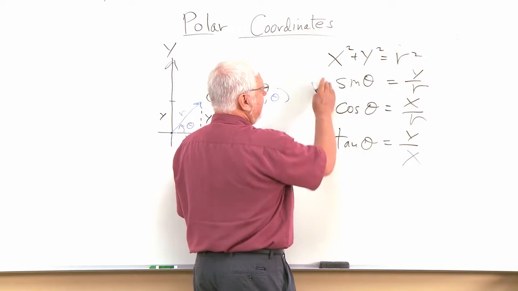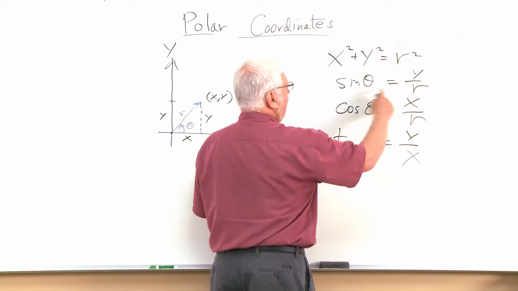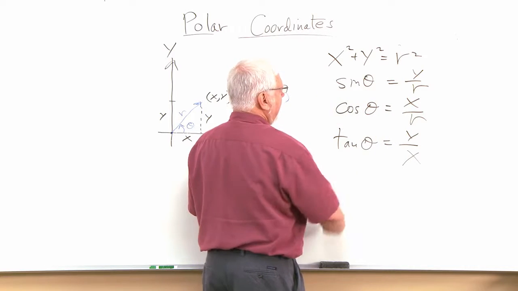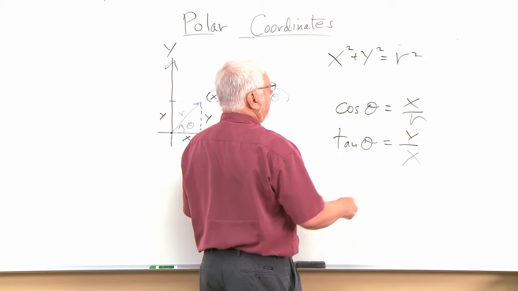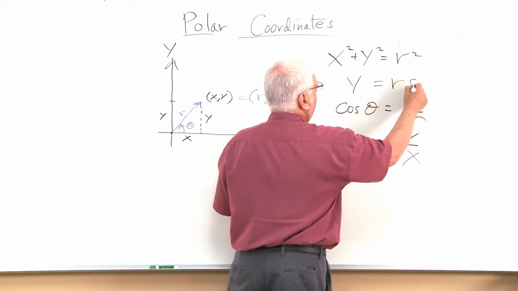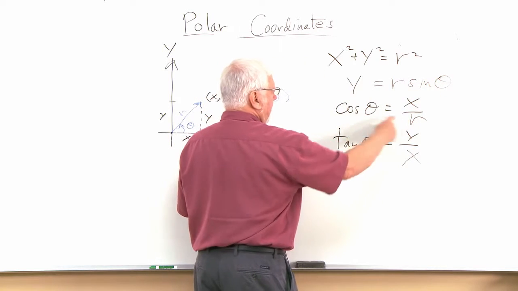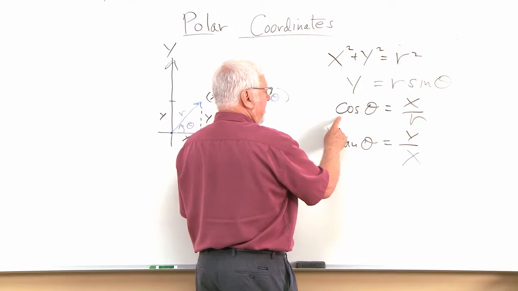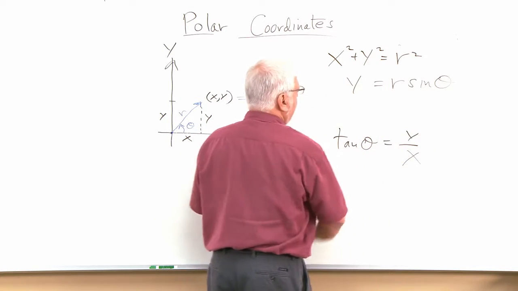That's fine. These two we can make look a little nicer. Multiplied by r, we'd have y equals r sine theta. So I'm going to replace that one up here, y equals r sine theta. I'm going to replace this, by multiplying both sides by r, we're going to get x equals r cosine theta.